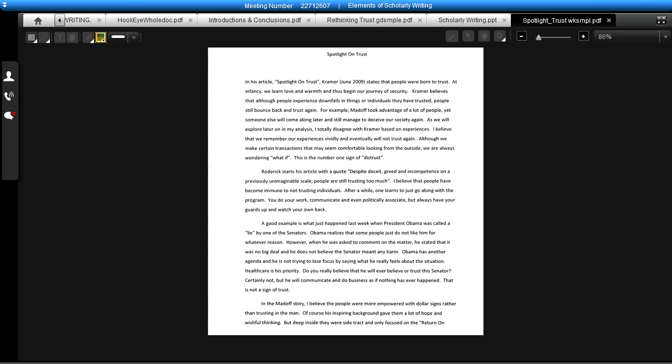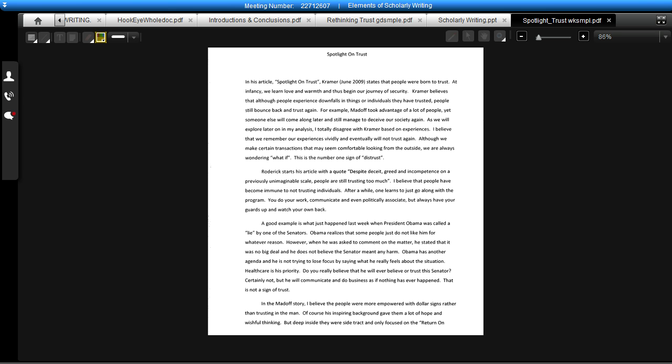As we'll explore later on in my analysis, I totally disagree with Kramer based on experiences. I believe that we remember our experiences vividly and eventually will not trust again. Although we make certain transactions that may seem comfortable looking from the outside, we are always wondering, what if, of distrust.